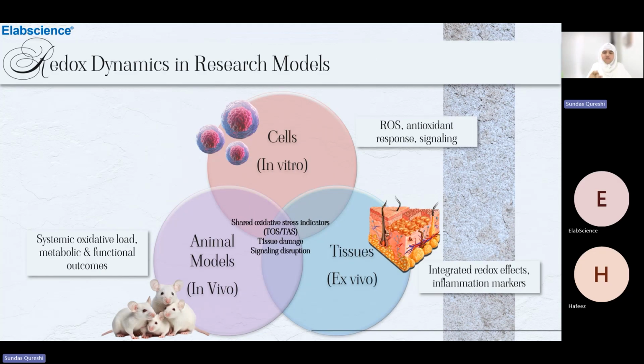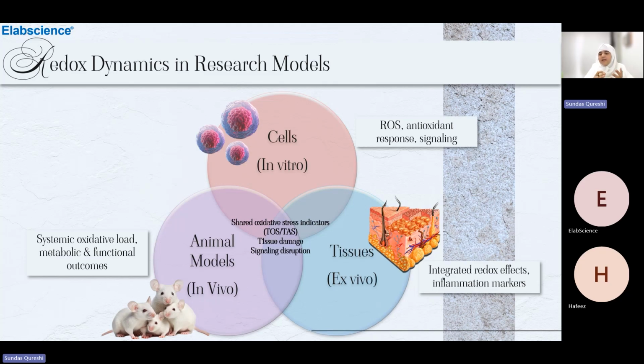Redox behavior varies depending upon whether we study cells, tissues, or whole animal models. Each system reveals a different layer of oxidative and antioxidant regulation. In cell-based experiments, we can control the conditions tightly and see the direct effects on signaling and metabolic pathways.